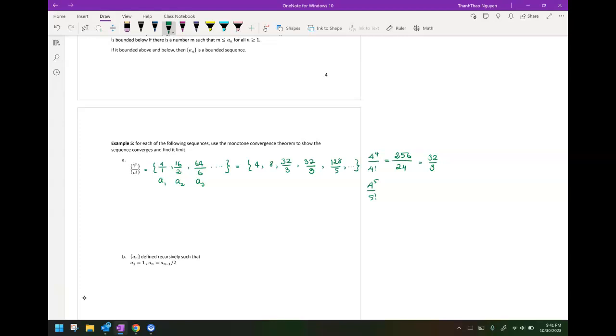So it seems like it started out increasing and then decreasing.